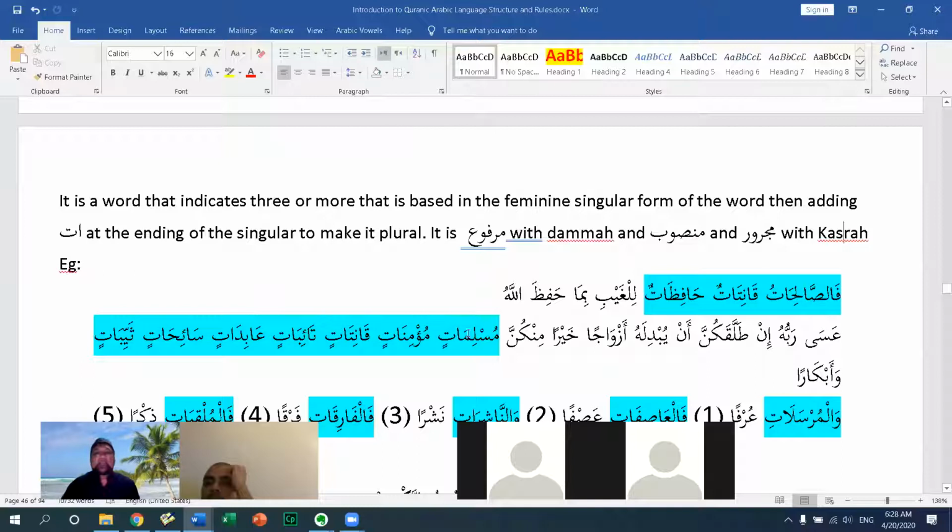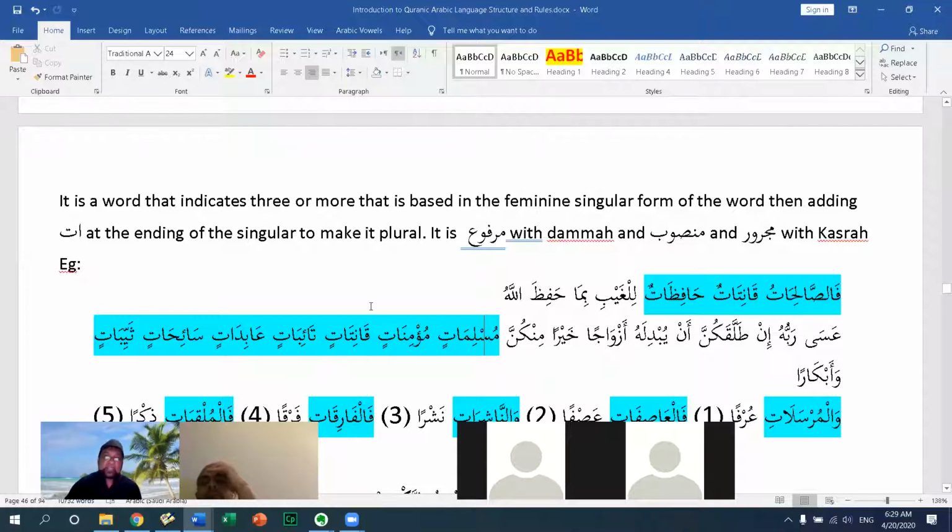You never find muslimatan. Originally, we were supposed to say azwajan khayran min kunna muslimatan, but that's not how Arabic grammar works. Jama' al-mu'annath al-salim becomes mansub with kasra.